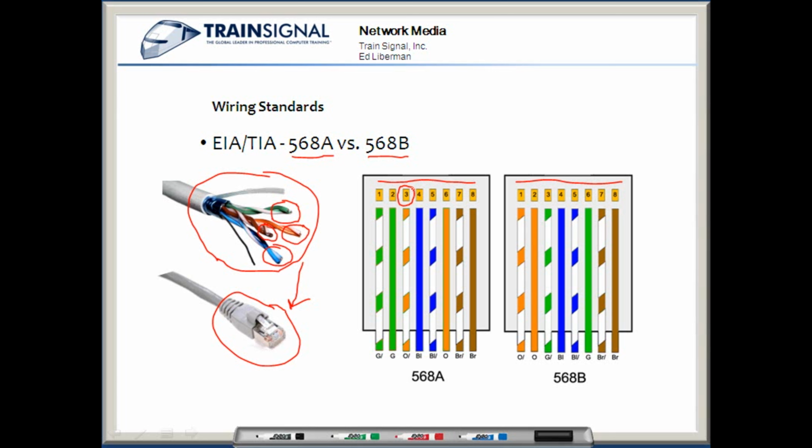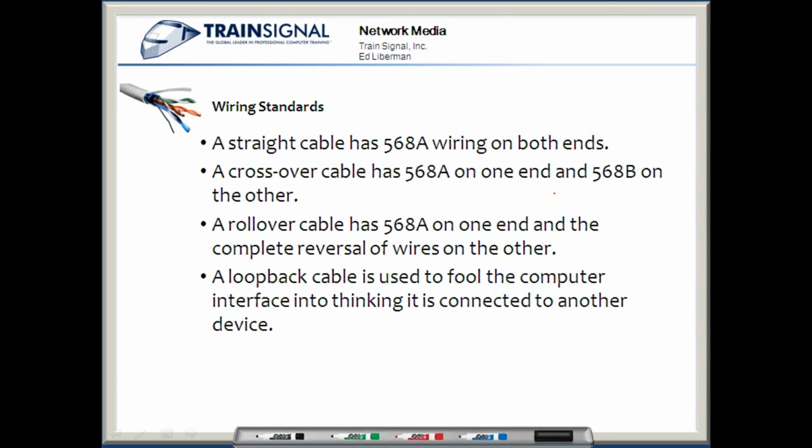Well, the problem you would have is if you had 568A on both ends, when you get to the other computer, this same wire is going to be plugged into pin number 3, and that computer is expecting to send on pin 3, not receive on pin 3. So that's where we would then invert it, and pin 3 would now be on the receiving end on a crossover cable, a different wire, so that it can send on one and receive on the other appropriately.